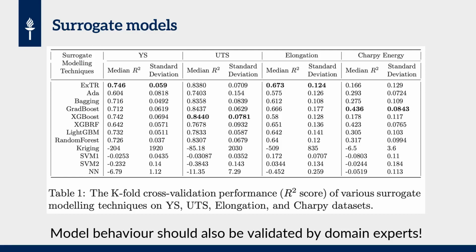We tried to find out what was the relationship between the decision variables and the predicted outcome. And if that relationship was what was in the literature as well, then we were more confident about these models. So if the model said that yield strength should go higher if we add more carbon, and in the literature we saw the same pattern, then we have more confidence in this particular data set.